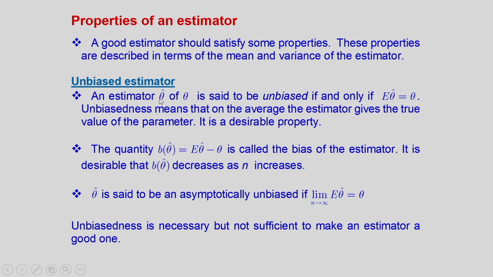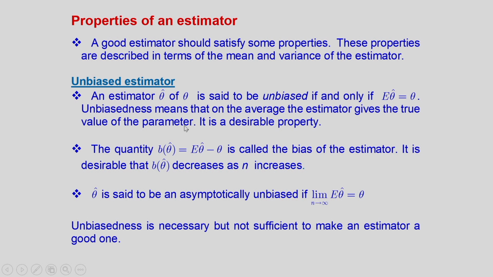An estimator theta hat of theta is said to be unbiased if and only if E of theta hat is equal to theta. Unbiasedness means that on the average the estimator gives the true value of the parameter. It is a desirable property.